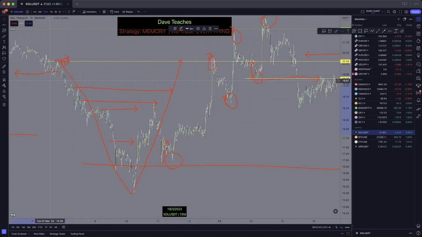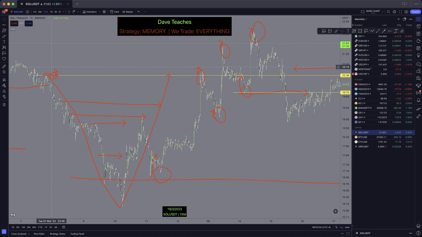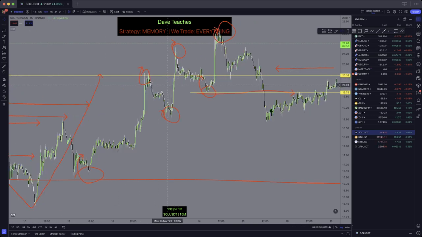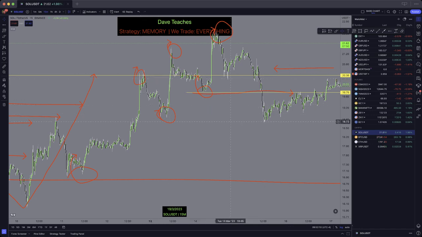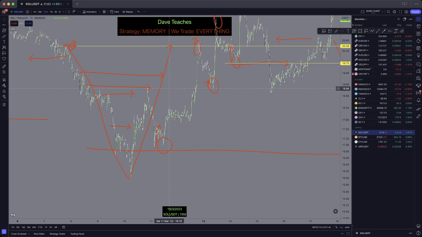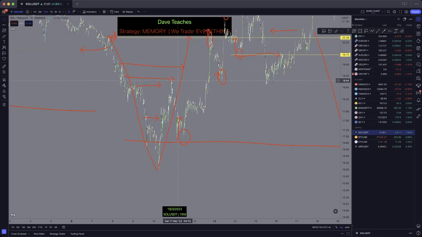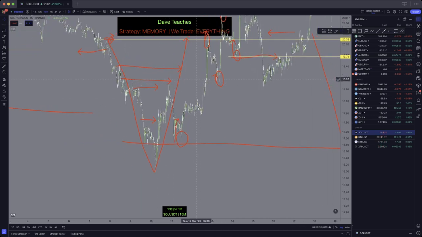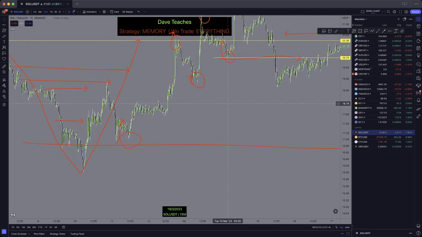So we violate this high. After we violate it, what do we do? What do we come back to? What do we come back to test? We come back to tap, to trade on.